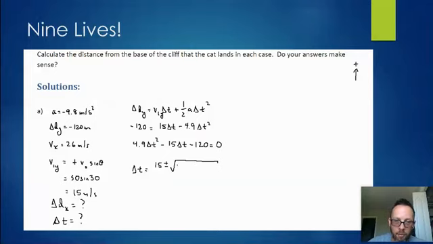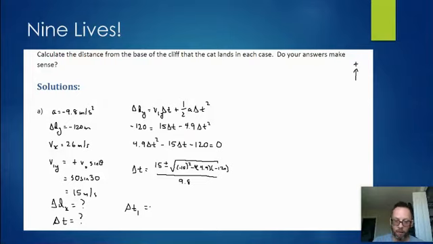Or just follow along with me, whatever you want. So 15 plus or minus the square root of b squared, negative 15 squared, minus 4 times 4.9 times negative 120, and all this will be divided by 9.8. I'm going to do this in one step just to save some room on my board.